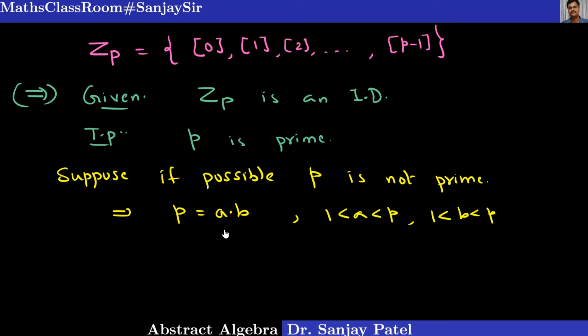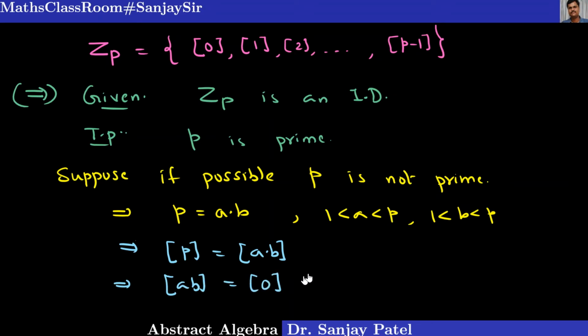Now the equivalence class of p is the same as the equivalence class of a into b. But what is the equivalence class of p? It is class 0, because we know p is congruent to 0 mod p.